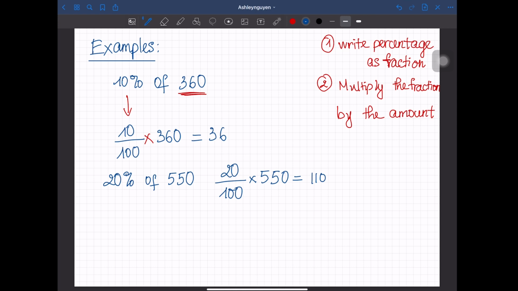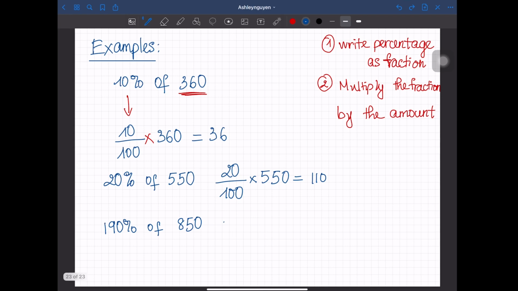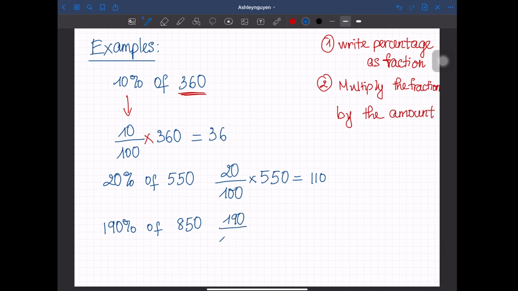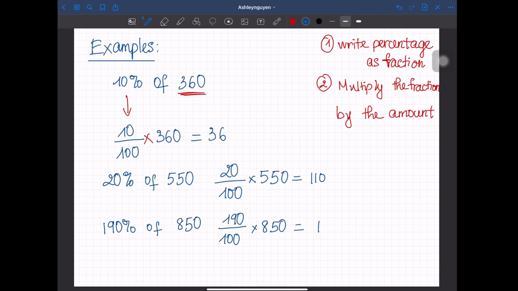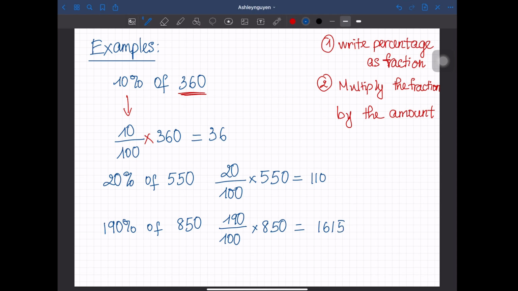The next example, 190% of 850. Step number 1, write percentage as fraction. 190 over 100 times 850 would equal 1615.